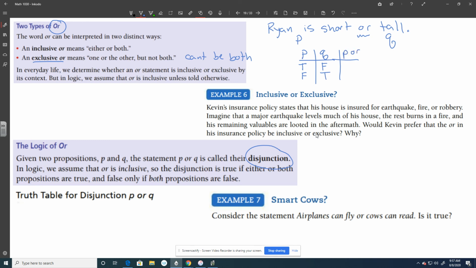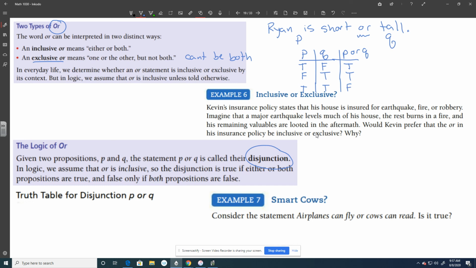So P or Q. So if Ryan is tall, then he's not short. So that could be true. If this is false and this is true, then that statement is still true. But what happens if Ryan is tall and short? He can't be tall and short.